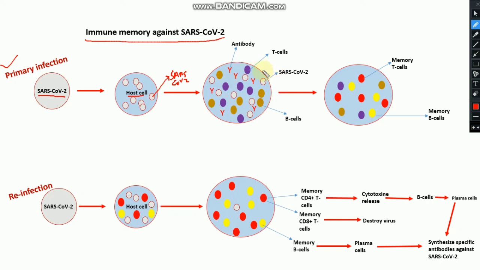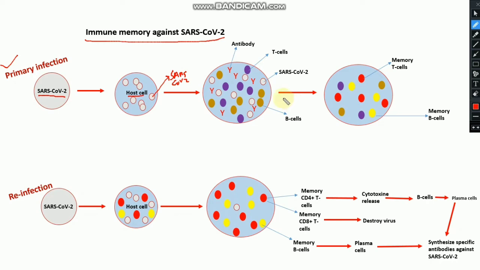So you see here all of the T cells, B cells, antibody producing cells, these all get activated and they proliferate and multiply. When they multiply, they destroy the SARS-CoV-2 virus.